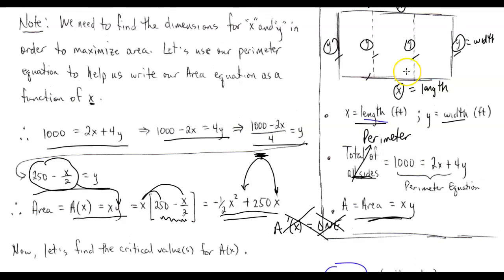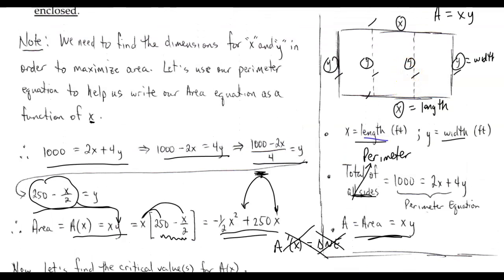So what this is telling me here is that if I choose this length to be 250 feet, then the total area that I get within this rectangle is going to be the largest possible.